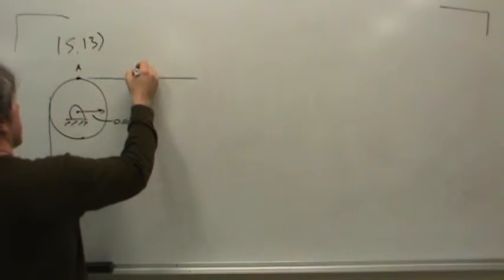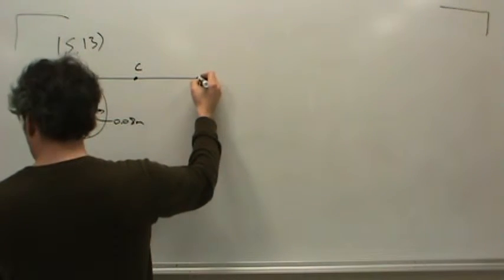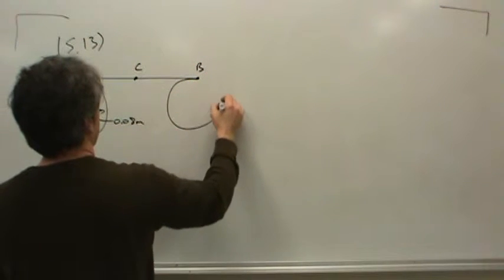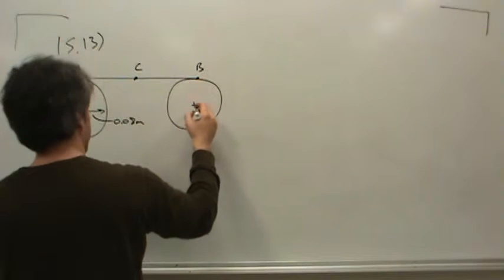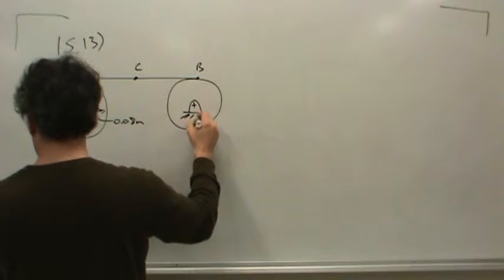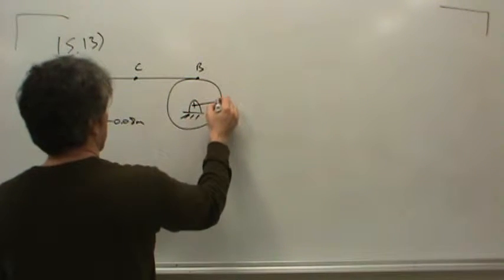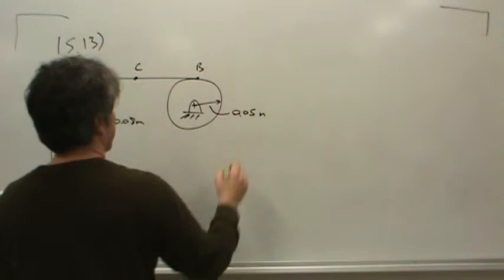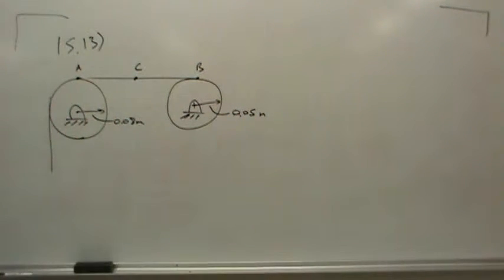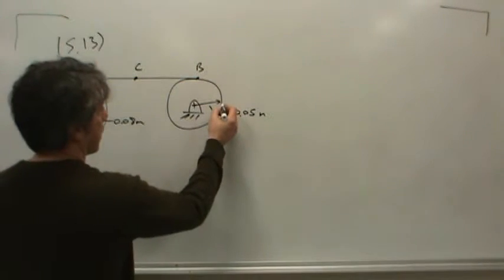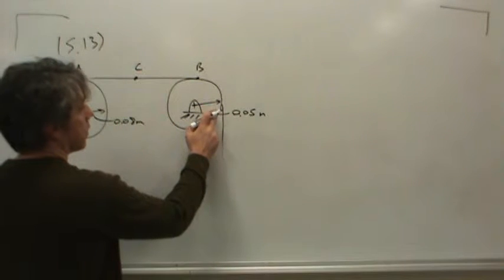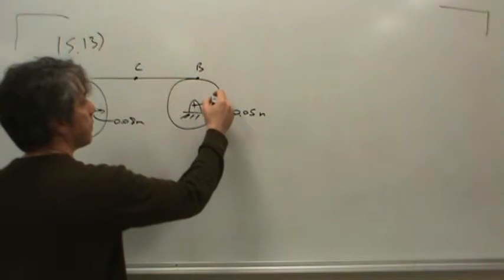Point C is between, and then point B is there. And the radius is 0.05. Now the belt continues down here, but I'm going over my radius line.